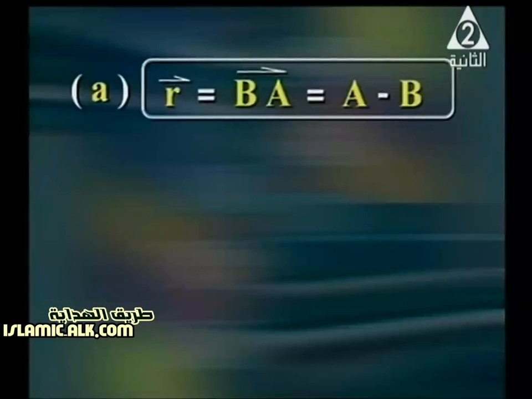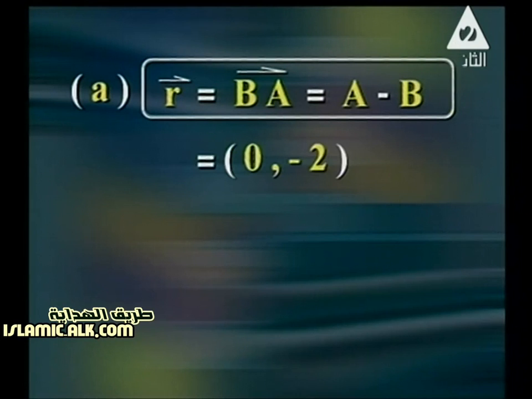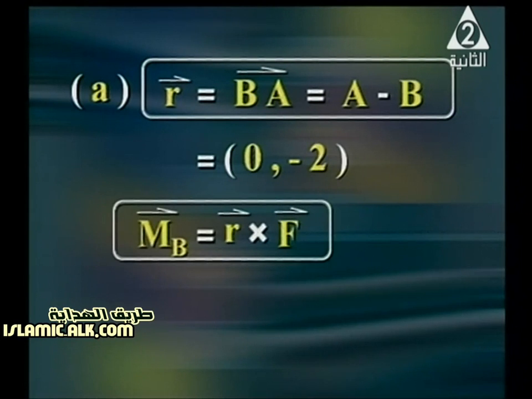Look at, dear student, R vector equals what? R vector equals BA vector, A minus B. By substitution, the answer is (0, negative 2). Then the moment of the force about point B equals R vector cross F vector.